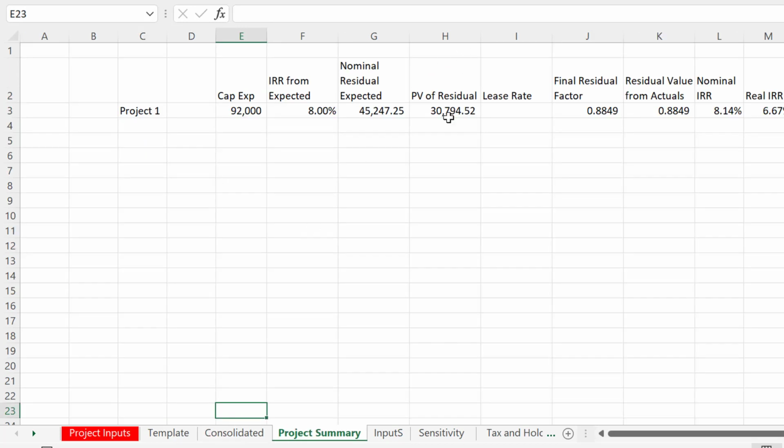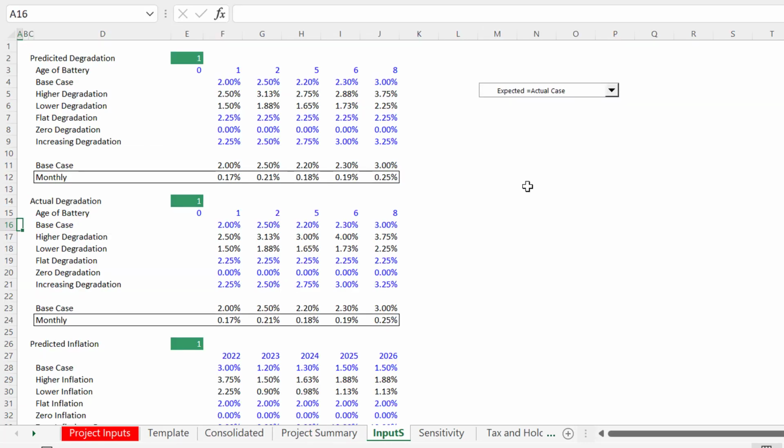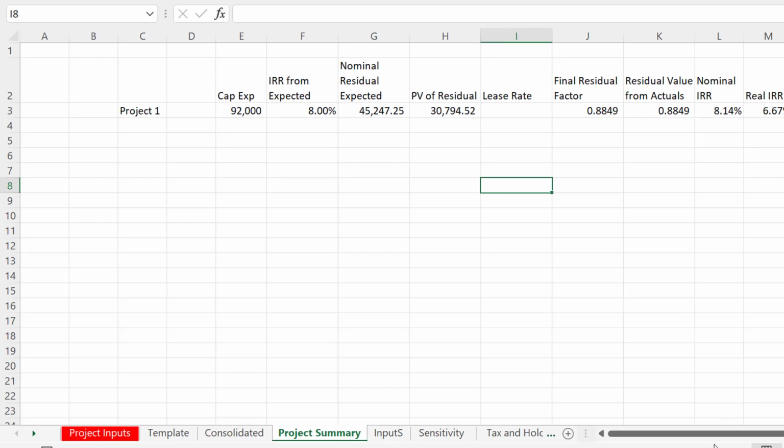We can look at some of these factors across project 1 to project 20 or whatever, and look at each of the projects and really start evaluating them. So that's the last thing about the template. But again, the template is the important thing. Consolidation and making the summaries and all that is the easy part. Okay, enough.